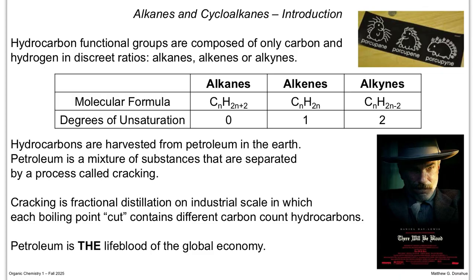So to start it off, the evolution of what you're going to see for the remaining part of the semester here is we're starting with hydrocarbons because they are isolated from natural sources, and after reactions are applied to them, they make new compounds with different properties, and that's what we as humans use in civilization.